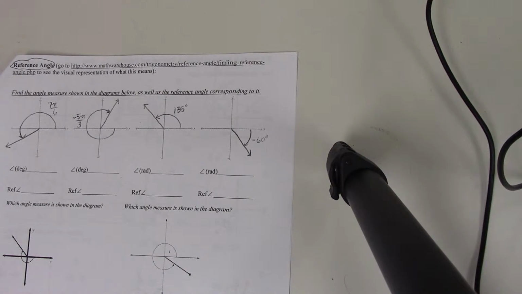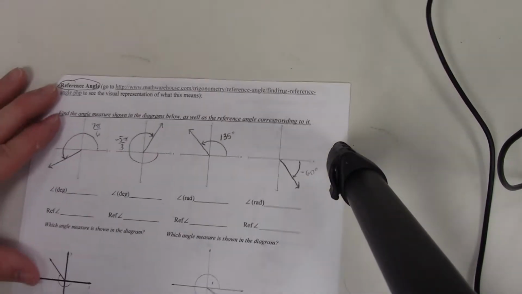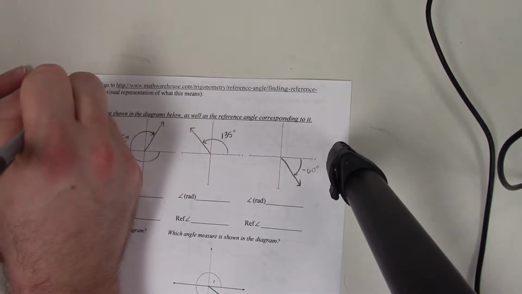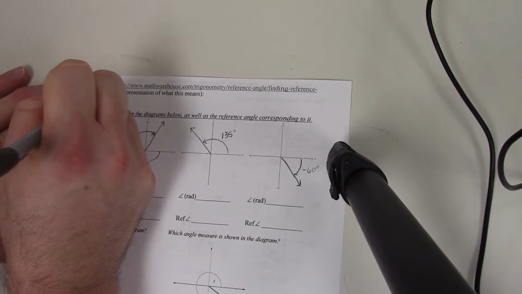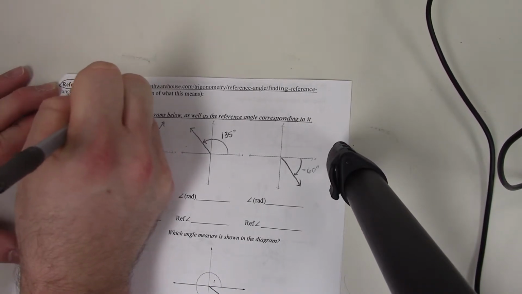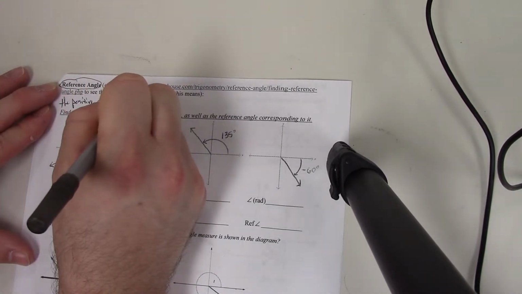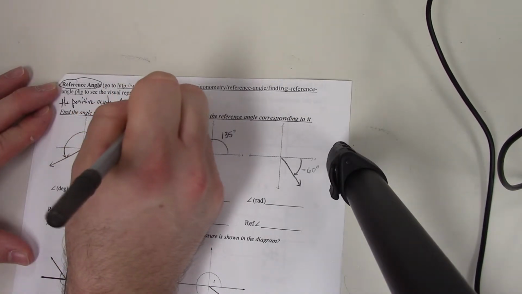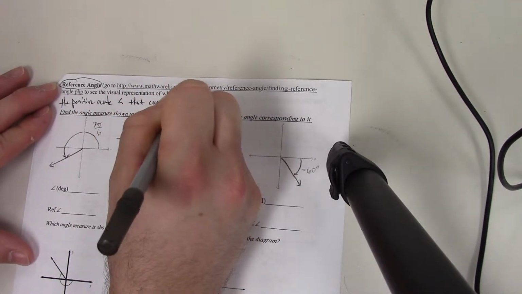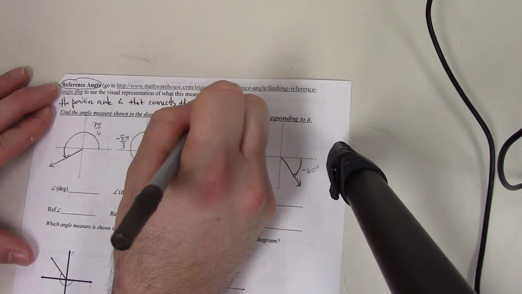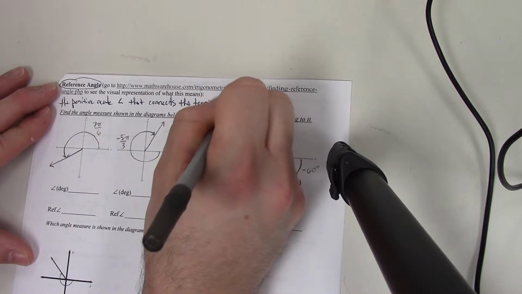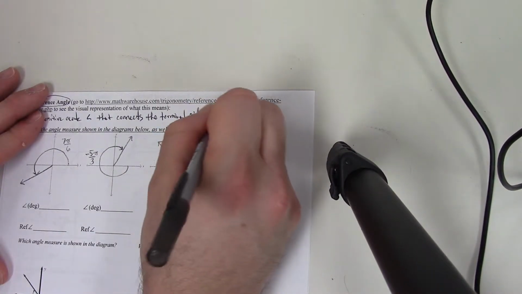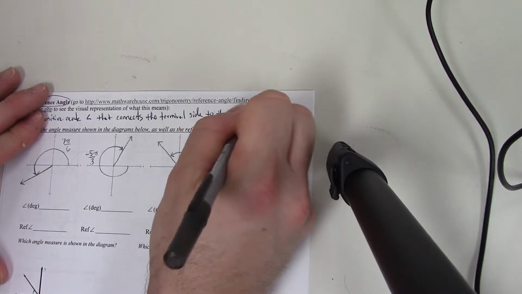Next page. Hopefully you already went to look up reference angle. Reference angle is the positive acute angle that connects the terminal side to the x-axis.